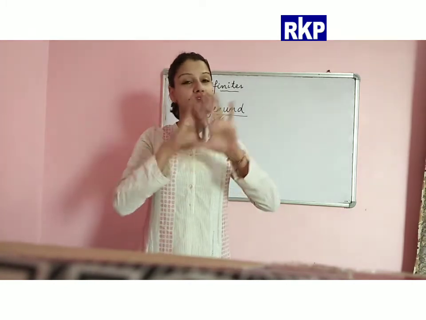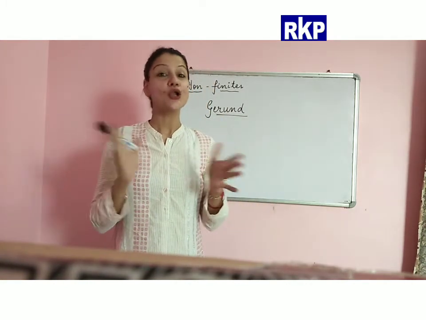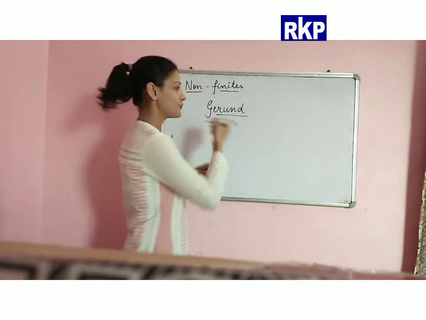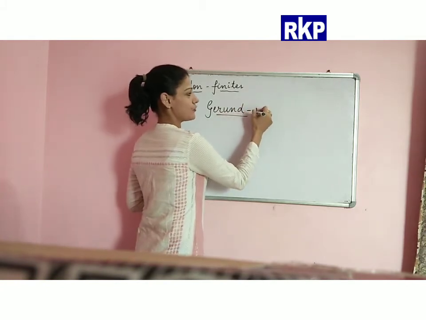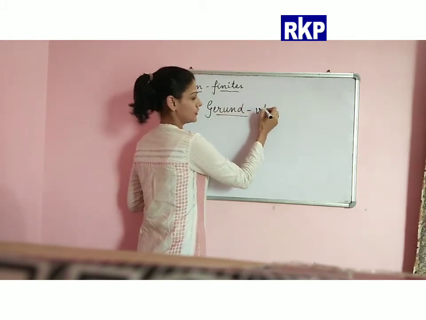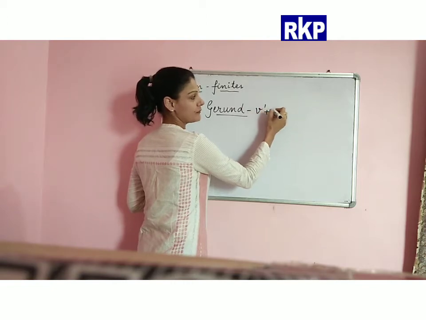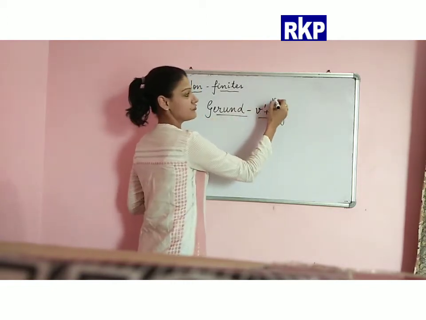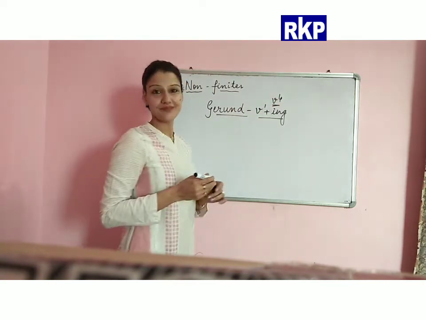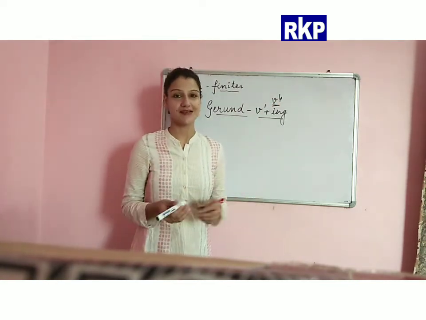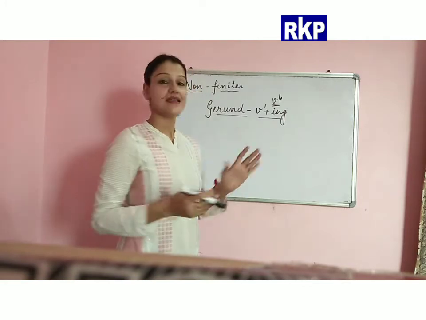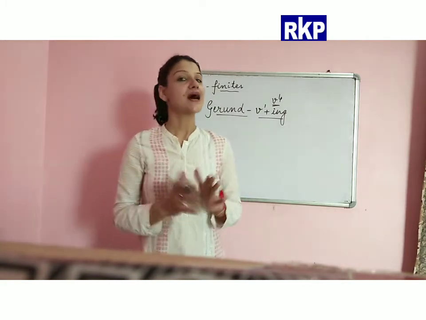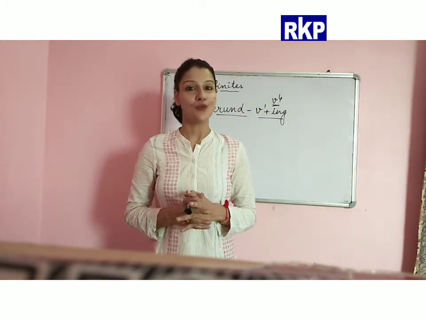And what does a gerund look like? It looks like this: verb first form plus ing. So basically we can say that it is V4, either way you can say it. So gerund is nothing but the ing form of a verb.